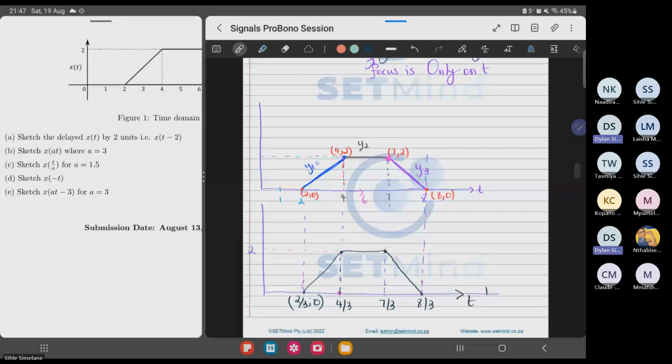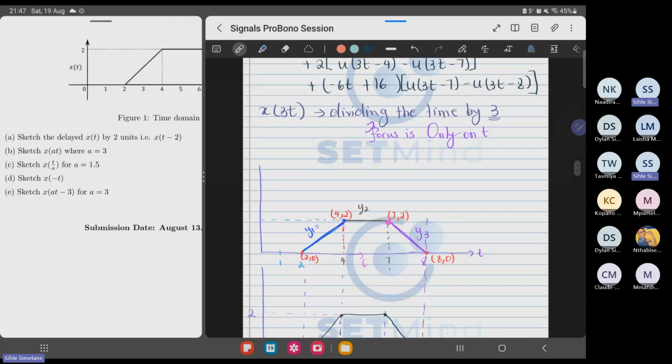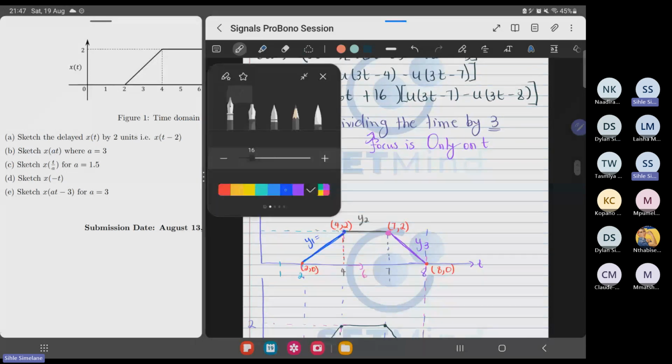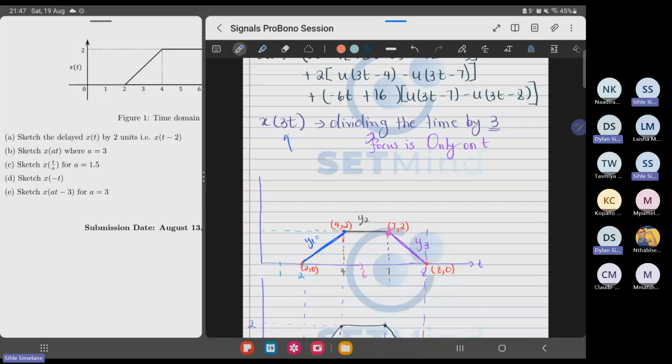So when we multiply t by a constant or divide by a constant, the y value is always going to be the same. We just change the values on the t-axis. Yep, because this is time scaling, in quotes, meaning we are dealing with time there.